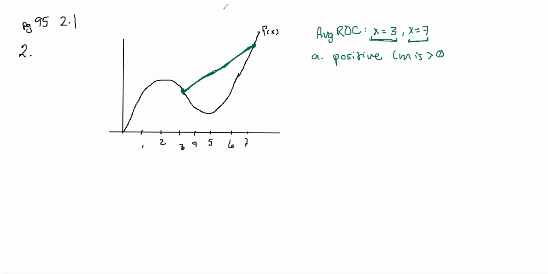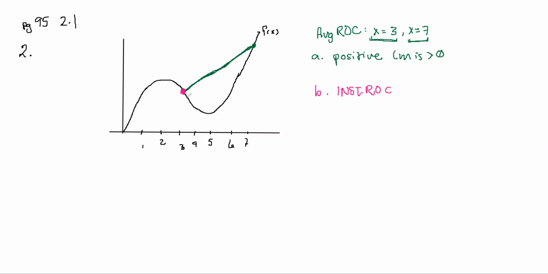What about for B, the instantaneous rate of change? At 3 is decreasing. Yes. So instantaneous rate of change at x is equal to 3 is we're looking at what is happening right here in this vicinity, right?